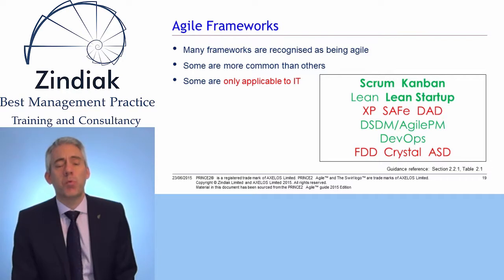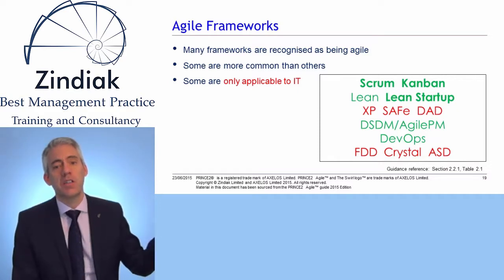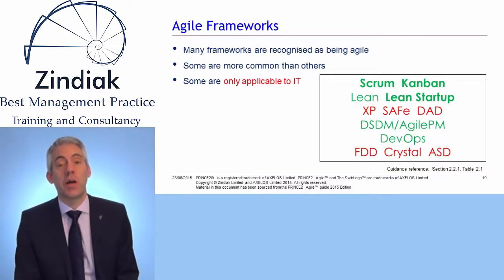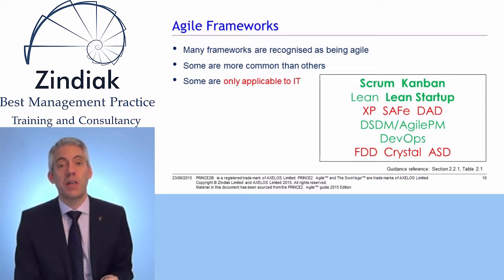We'll now take a brief look at some of the more popular Agile frameworks available. And as you can see on this slide, we've got a number listed. And the ones listed in red are really only applicable to software development. But as I said before, PRINCE2 Agile isn't just focused on software development, and the methods listed in green are applicable to non-IT environments as well.